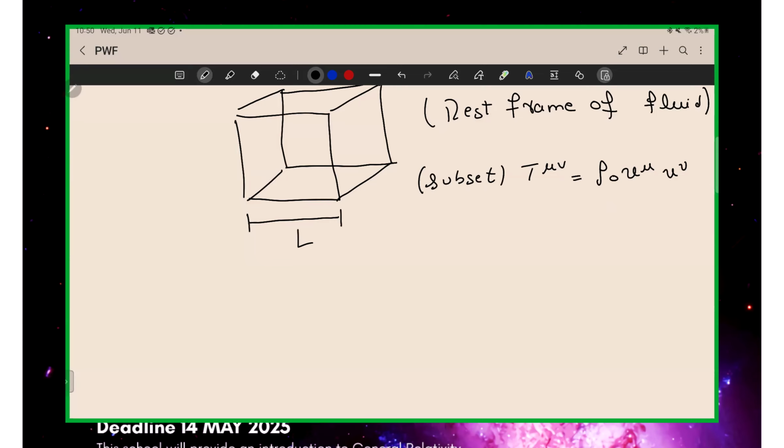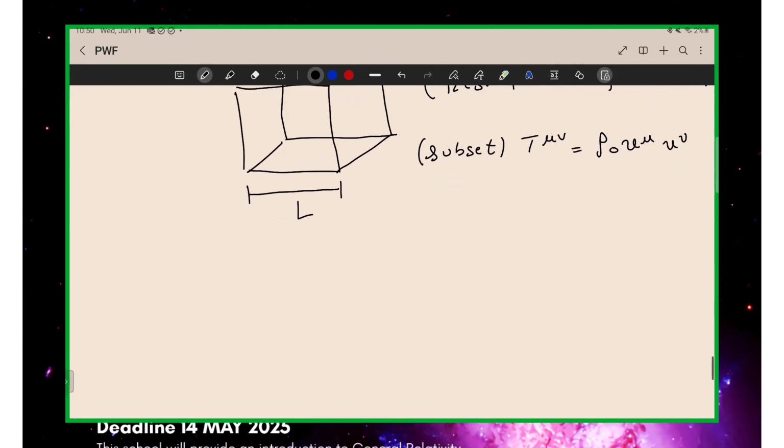So rho naught is the energy density in dust's rest frame, and you know what u mu and u nu are. They are just the four velocities of the particles. Now what we need to do is write this down in terms of something that relates to the fluid rest frame, right?